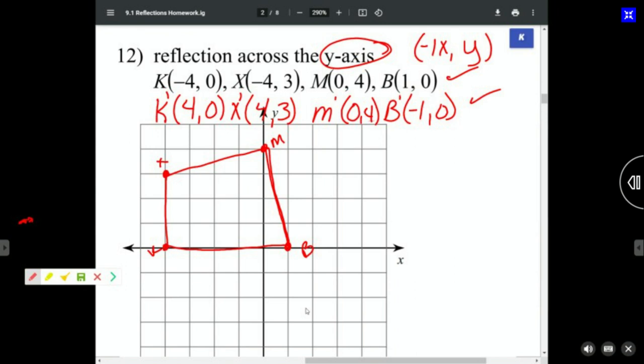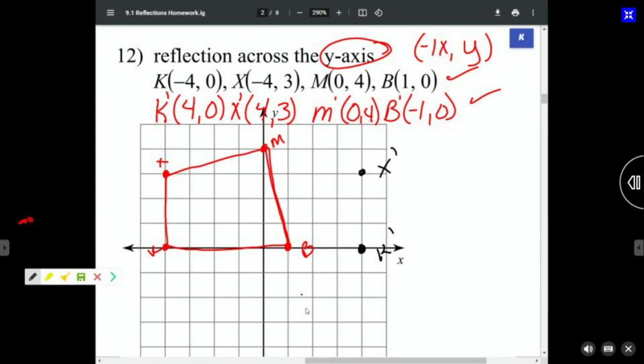All right, K prime, 4, 0. It's in the opposite direction, right? We're going across the y-axis, so I don't need to go up or down. I go opposite: going left becomes going right. X prime, I have to go left and up, so now I need to go right and up.